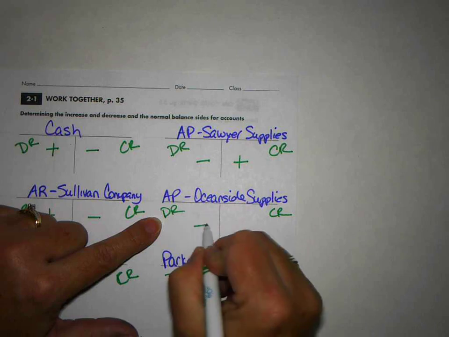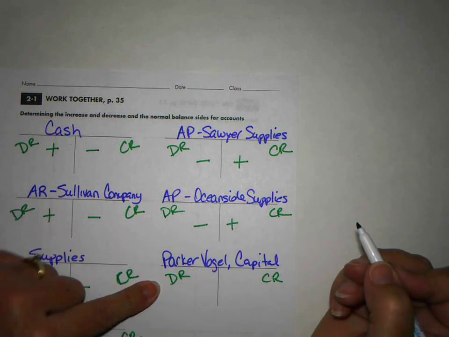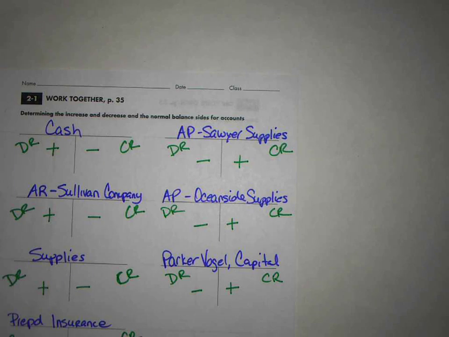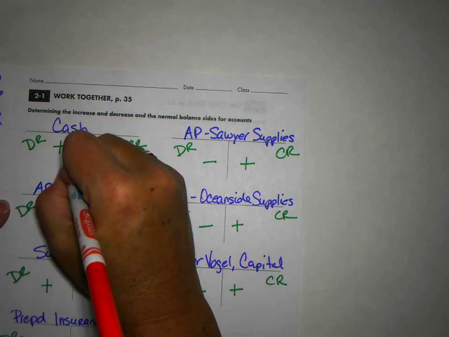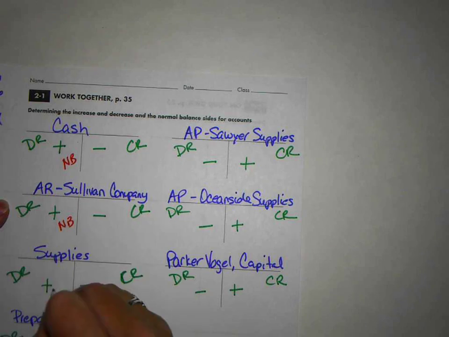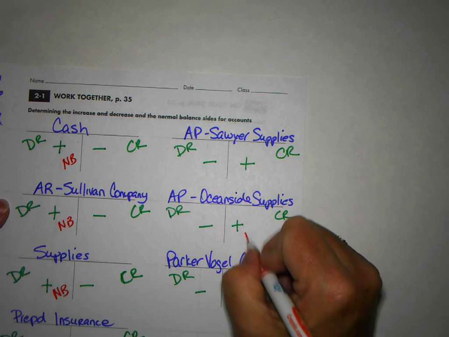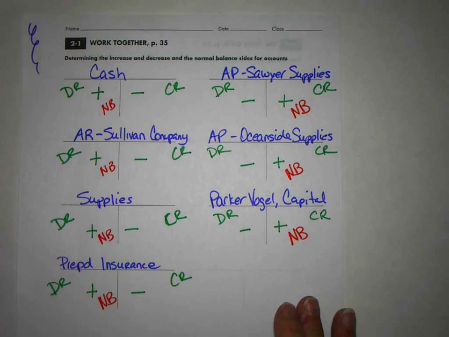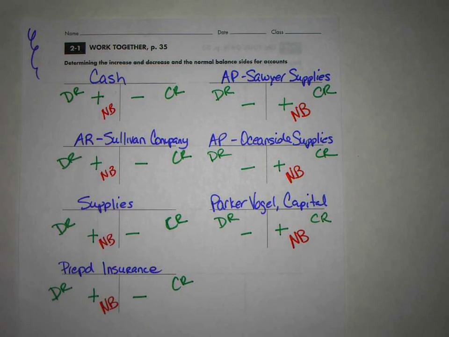Accounts payable, minus, plus. Capital, owner's equity, normal balance on the credit side. And then they also want us to mark the normal balance. So normal balance is always the plus side. So normal balance, normal balance, normal balance, plus side each time. Again, this can be another kind of cheat sheet for you, but this is your working together.